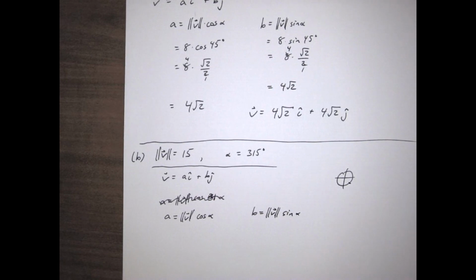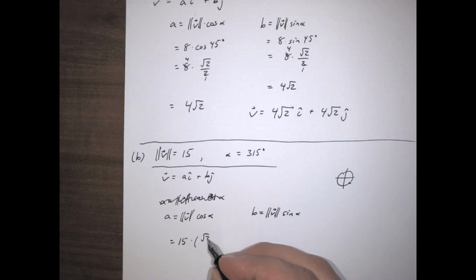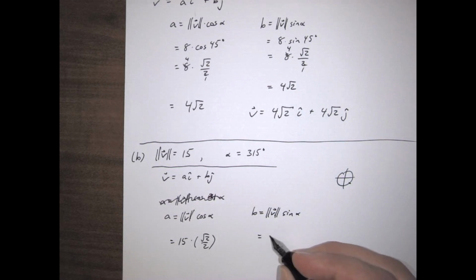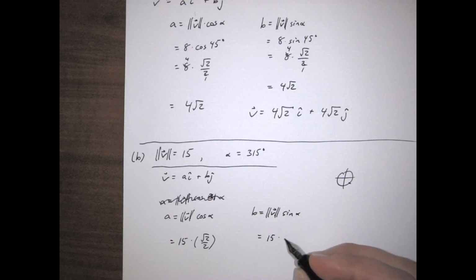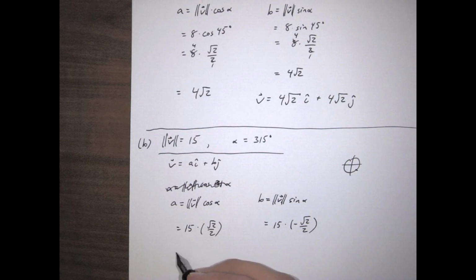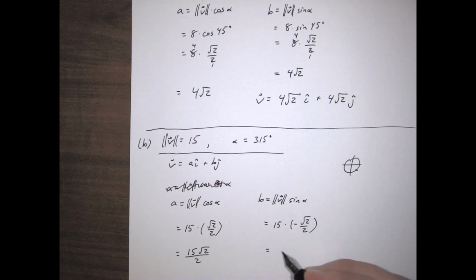315, that's 45 degrees short of a full circle. So that's going to put us down here. So it's going to be 15 times the cosine of 315, which is going to be positive root 2 over 2. Here's going to be 15 times the sine, which is negative root 2 over 2, which is not really reducible, so we'll just write it like this. Negative 15 root 2 over 2.